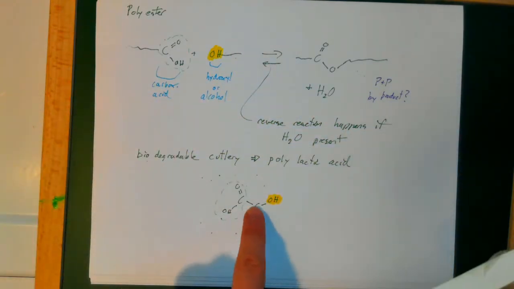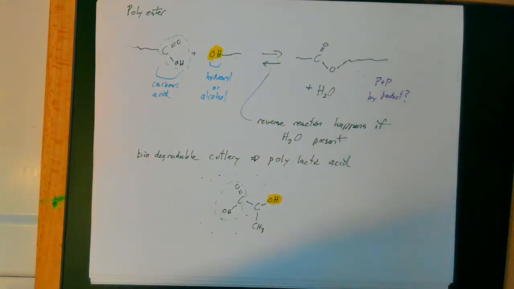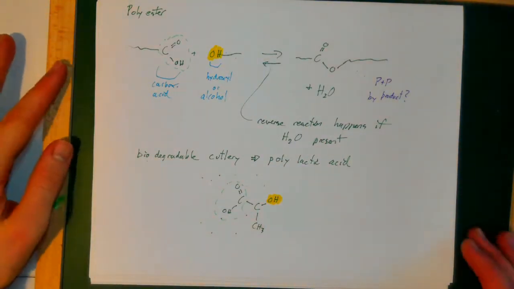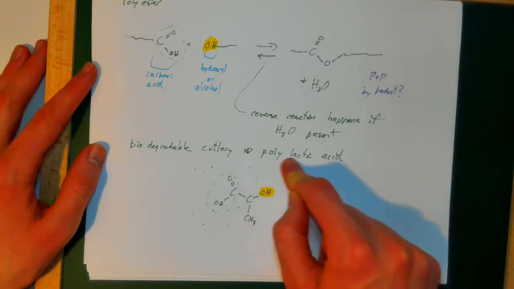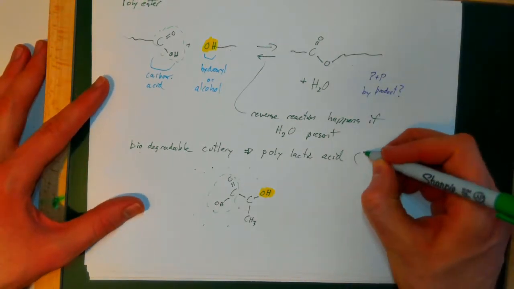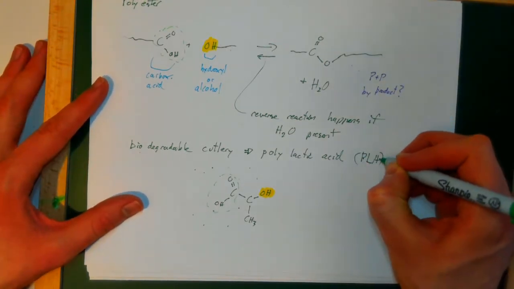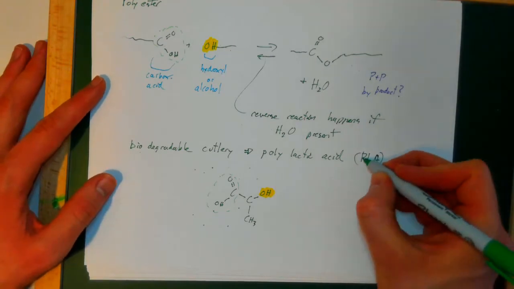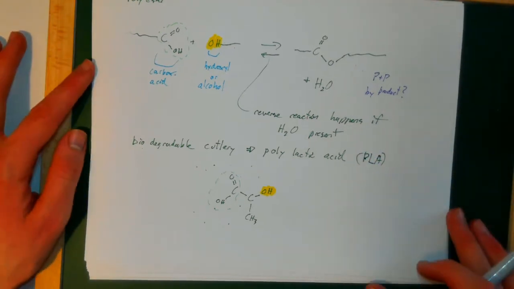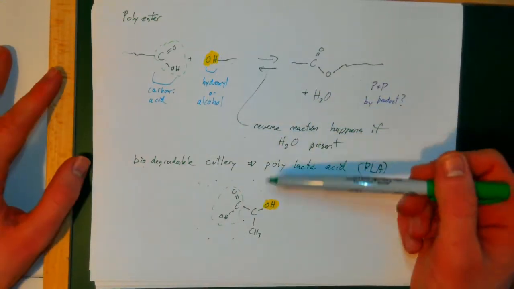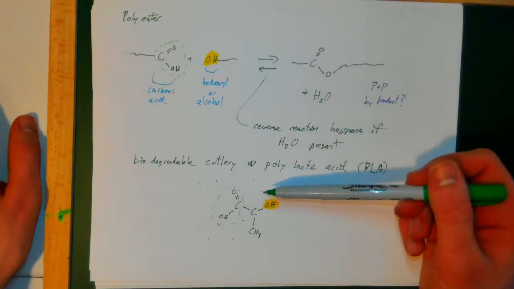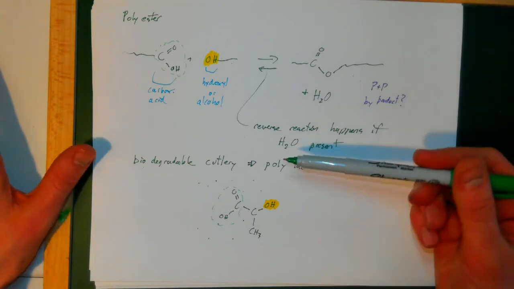And these lactic acid molecules can get taken up by soil bacteria, fungi, etc. Polylactic acid, or PLA, can also be used in 3D prints. Some 3D printers print in PLA and stuff like that. And it's great, right? It's cool to have biodegradable polymers from an ecological standpoint.